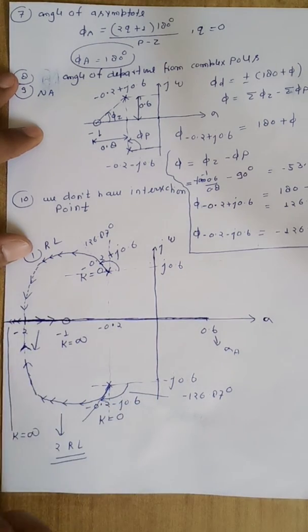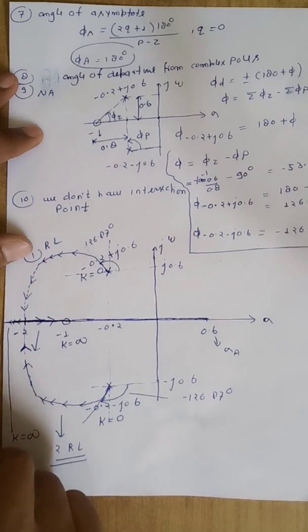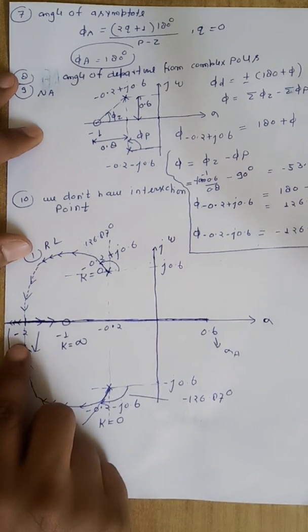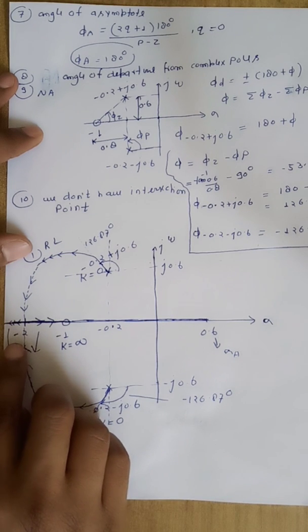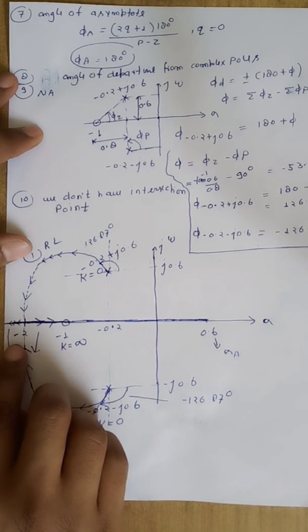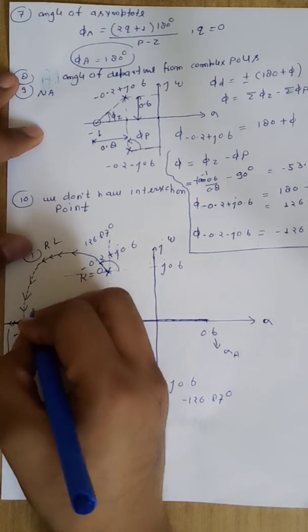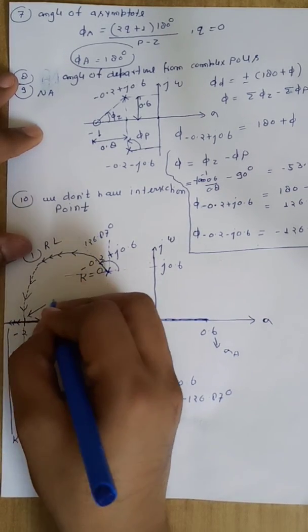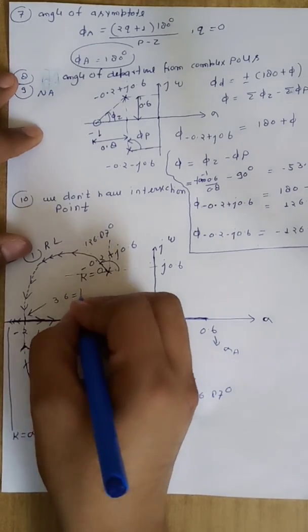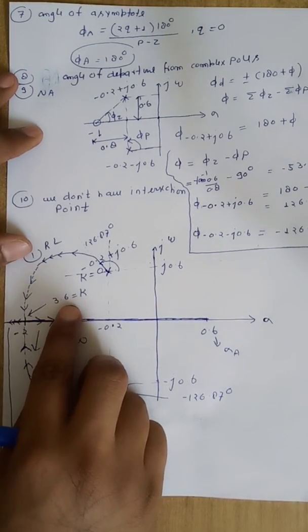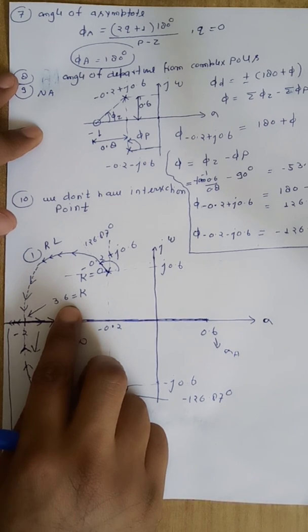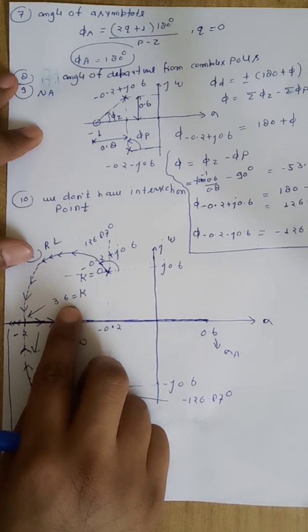We can calculate the value of k at break in point, or for s equal to -2 with the help of magnitude criteria. Value आएगी 3.6. So for k equal to 3.6, we have a critically stable system or critically damped system.